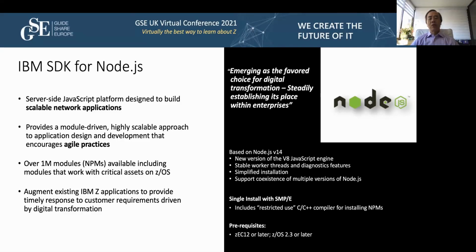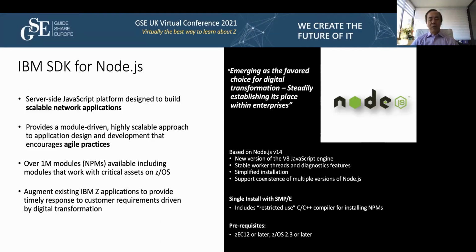And with this product, you can choose whether you want to do a PAX install. There's a PAX download as well as an SMPE install. With the SMPE install, we included a restricted use C/C++ compiler for you to install the NPMs, because some of the NPMs are shipped as C or C++ source code, so you will need a compiler to do that. We don't think it's fair to prereq the C/C++ compiler in the operating system.